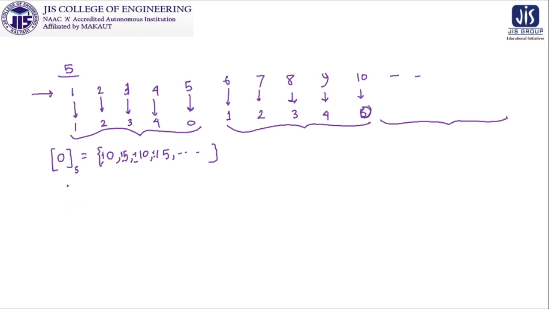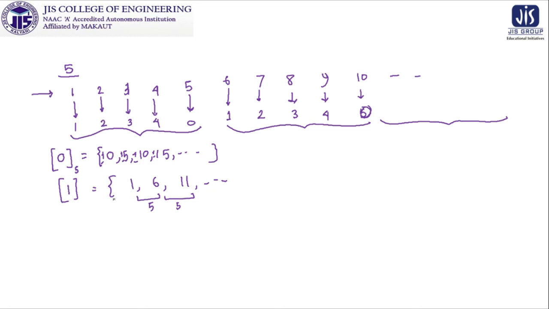Now for 1, you are getting an infinite collection, that is 1, then 6, then 11 and so on. But what about the negative numbers? Look at the beauty, the gap is always 5, a multiple of 5.